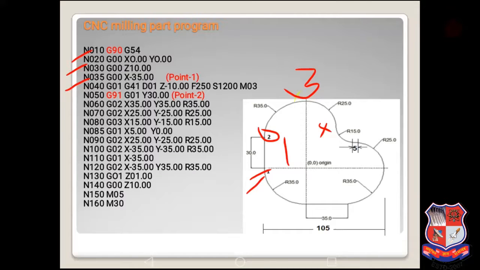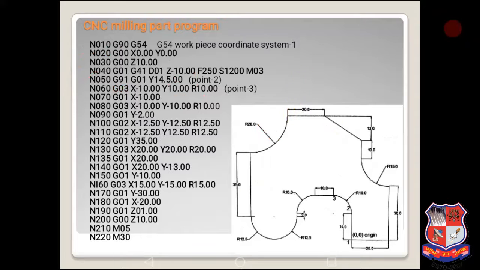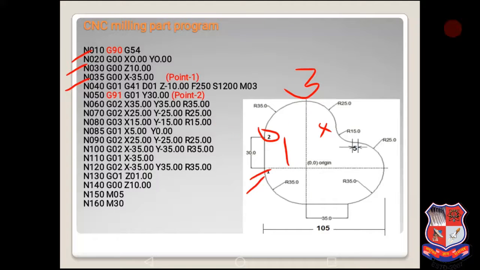So we have to take our last position of the tool as 0 0, and then to move the tool in curvature direction we have to use the circular interpolation command for the clockwise movement.